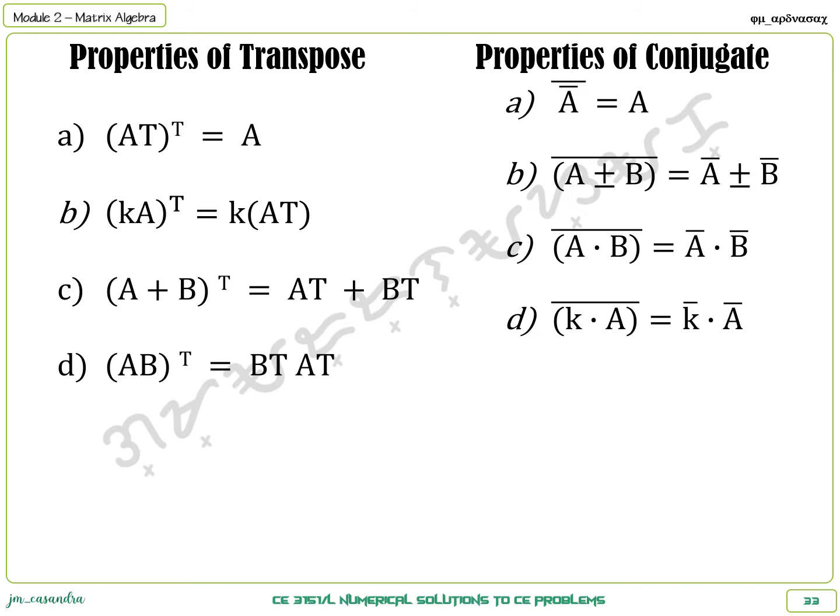The conjugate of a constant and a matrix is equal to the conjugate of that matrix multiplied by the conjugate of the constant. Also, the conjugate of the transpose is equal to the transpose of the conjugate.